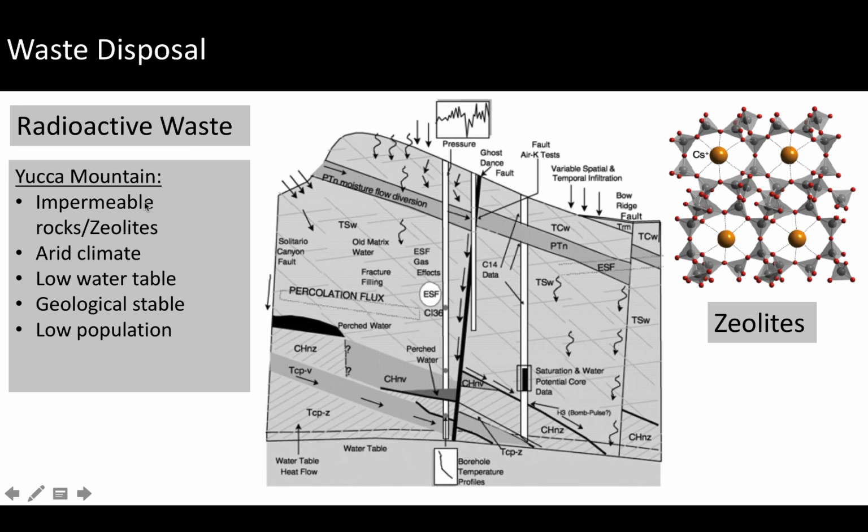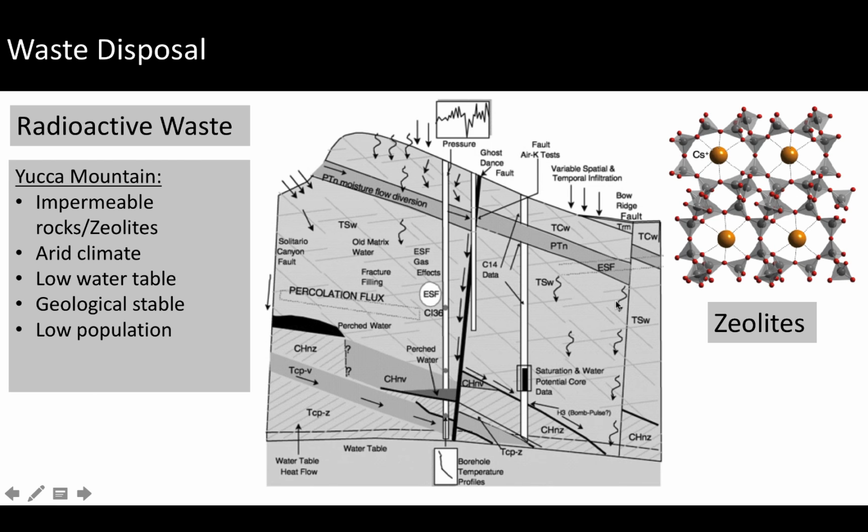One is the rocks are fairly impermeable, okay? And although they are not perfectly impermeable, they are also being altered as water moves through them to what we call zeolite minerals. Now, zeolite minerals are silicate minerals that form from volcanic tuff or volcanic ash. And that's what most of this rock here is.